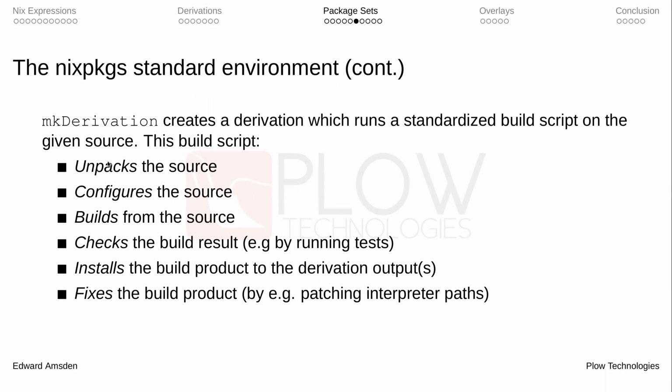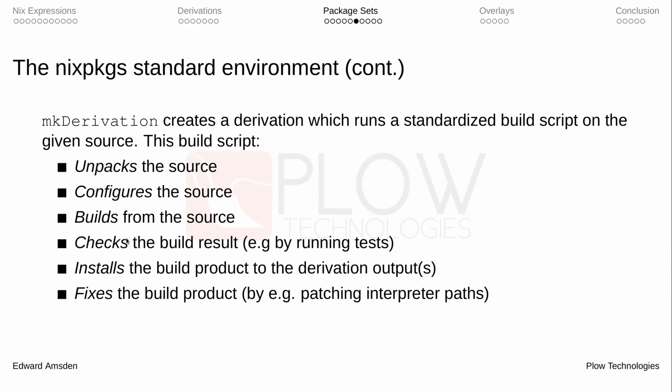If you give it a reference to some tarball or a zip file or whatever, it will try to unpack it. It will then look for a ./configure script and run that with appropriate standard options so that the prefix is the output path, and it looks for other things in the right places.